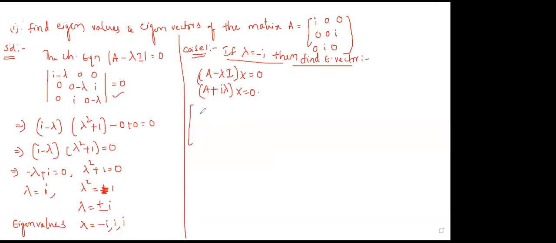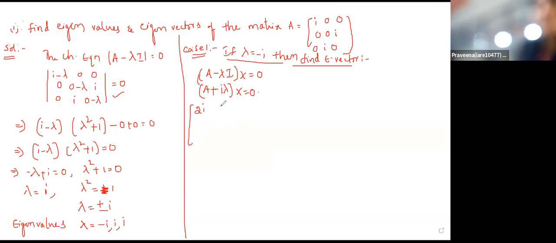That is I minus of minus I, that is 2I, 0, 0. 0, the lambda value minus I, 0 minus lambda means that is I, and here I. 0, I, and this is also I, into x, that is x1, x2, x3, equal to 0, 0, 0.